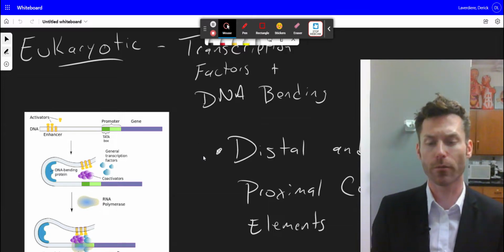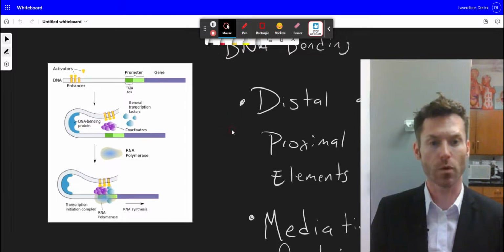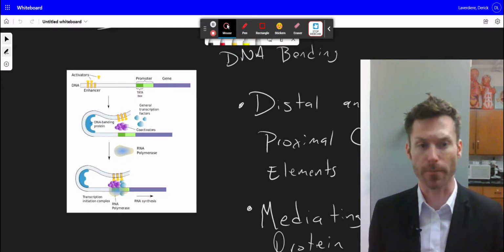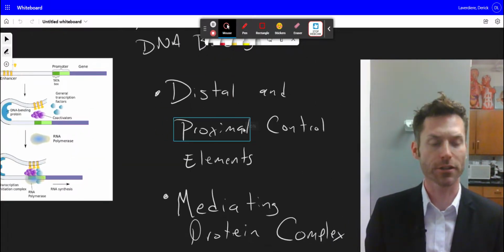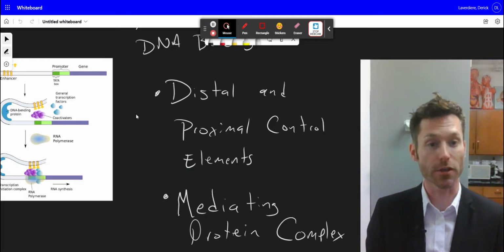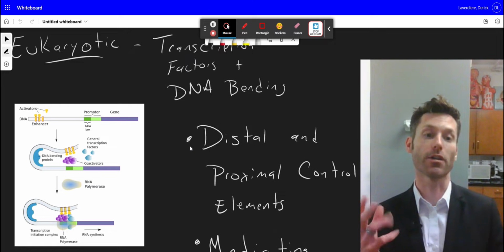Okay? Instead of organizing them into operons, what our eukaryotic organisms do to create efficiency is to use groupings of distal and proximal control elements that interact with specific transcription factors to turn on a gene.